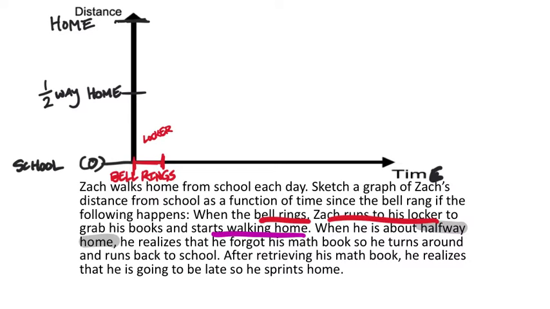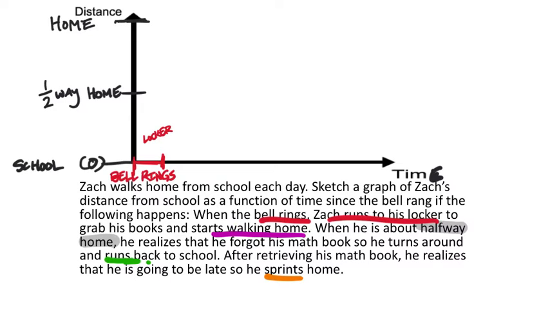He's going to start walking home. Now the reason why this is important is because later on, he's going to realize that he forgot a math book, and he's going to run back to school, and then finally he'll grab that book, and then he will sprint home. So there's a difference in these words: walking, running, and sprinting. So I need to acknowledge that on my graph with different types of lines, and here's what I mean by that.